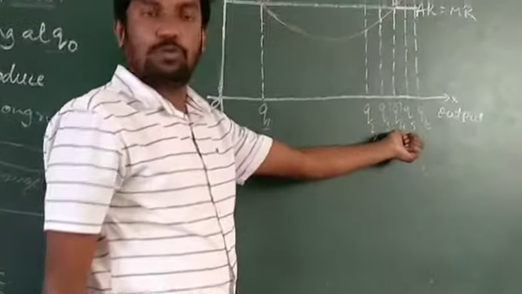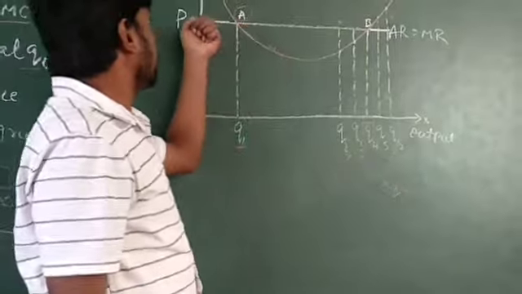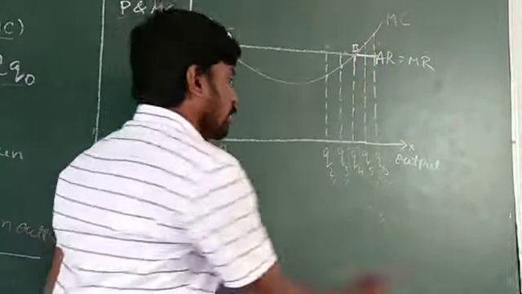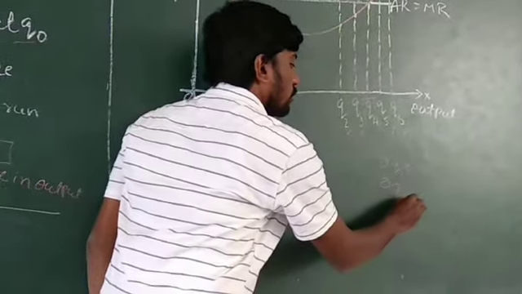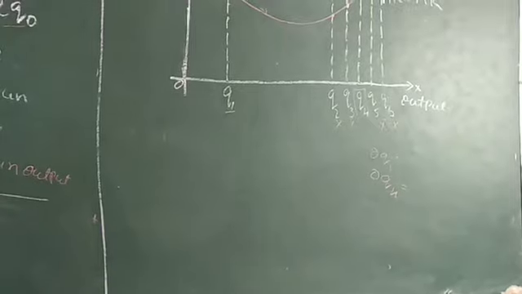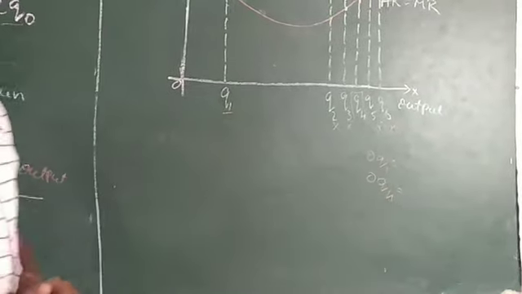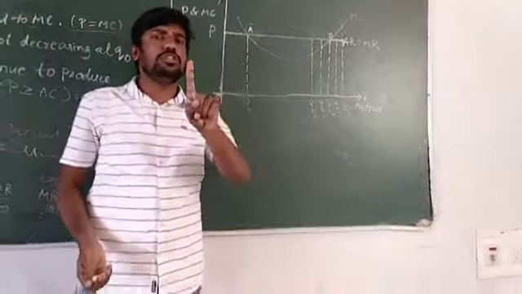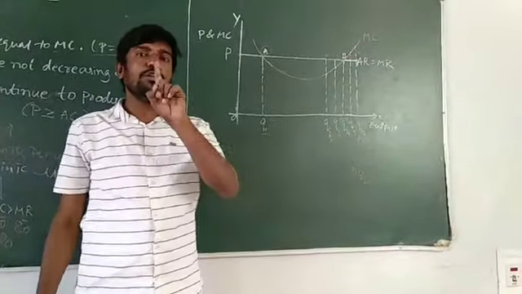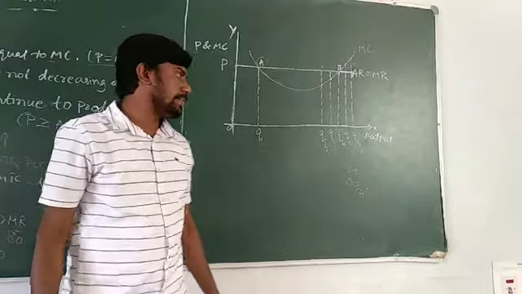If you take the Q4 level of output, here also price equals the marginal cost at the point P. So when the firm produces the Q4 level also, the price equals the marginal cost. For a firm, there will be only one situation where it can get maximum profit.